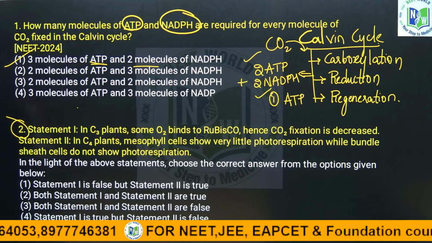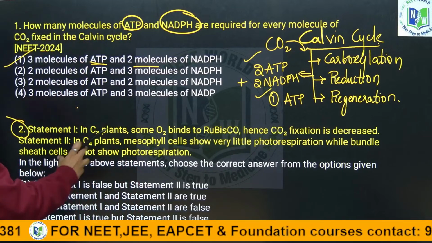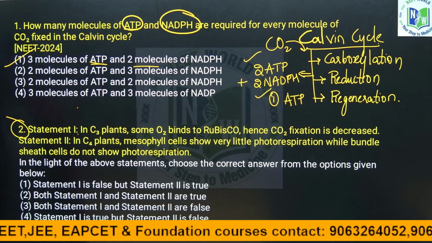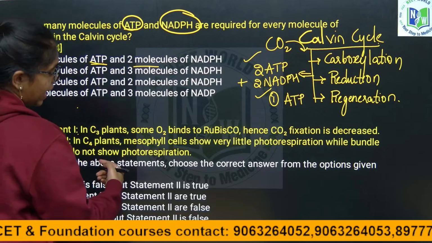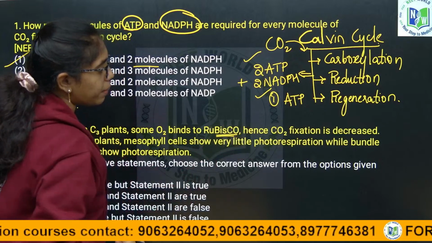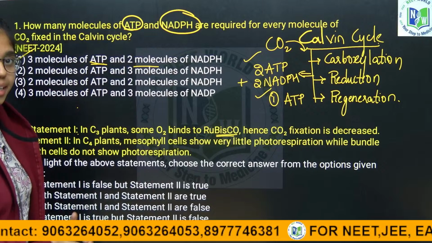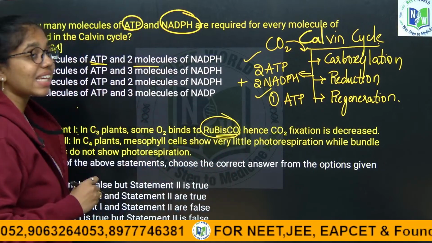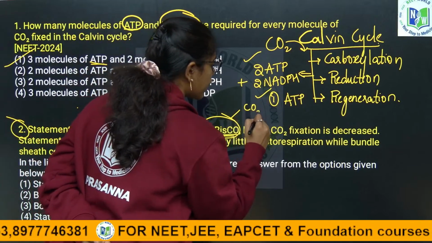And the second question is a statement based question, again on the light independent reactions. In statement 1, it says in C3 plants, some oxygen binds with rubisco, hence carbon dioxide fixation is decreased. Yes, during high light intensity or high temperature conditions, rubisco in C3 plants has equal potential to bind both with carbon dioxide and oxygen.